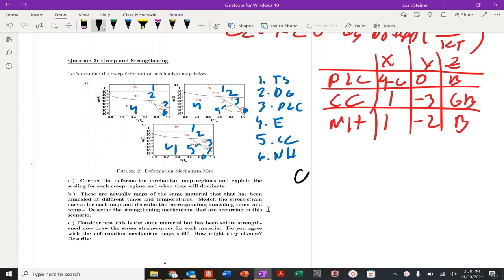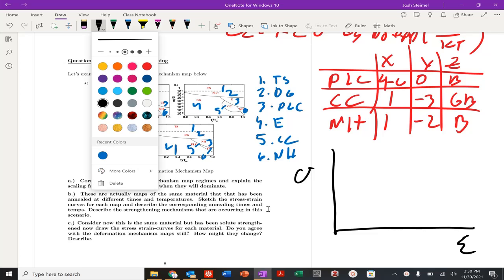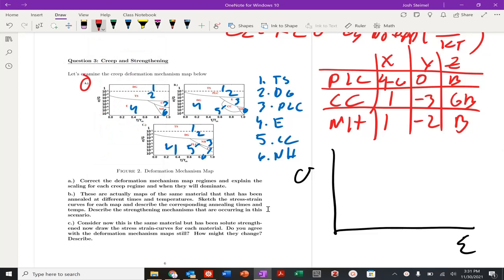All right, so stress strain curves. We're going to label those 3 materials A, B, and C. This is going to be my red, this is going to be my green, this is going to be my blue. Same material that has been annealed at different times and temperatures for each map, and describe their corresponding annealing times.